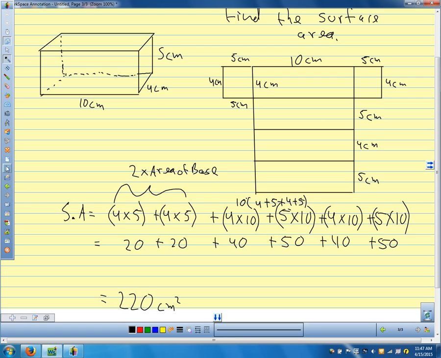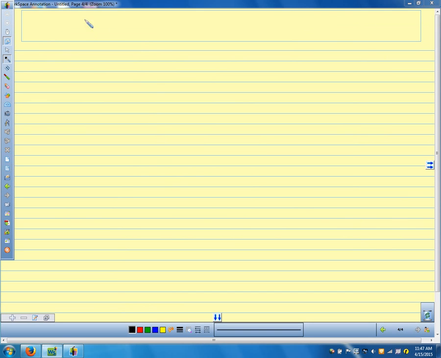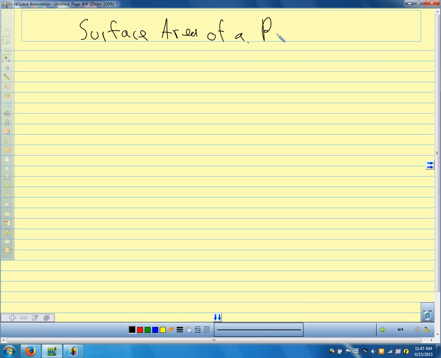Okay. All right, so our surface area of a right prism. This formula works for right prisms only.